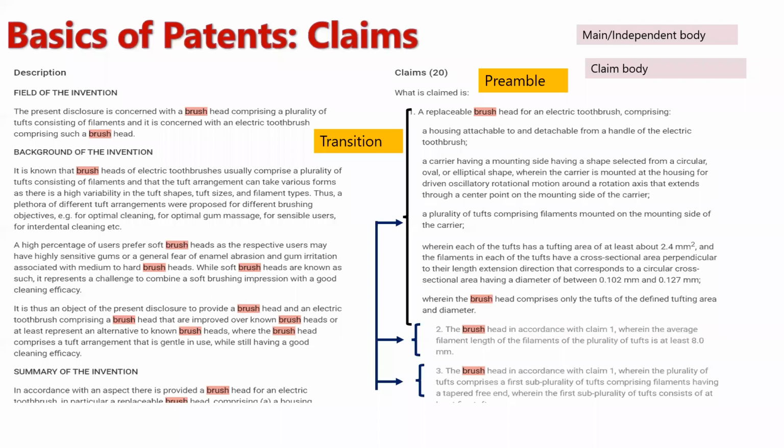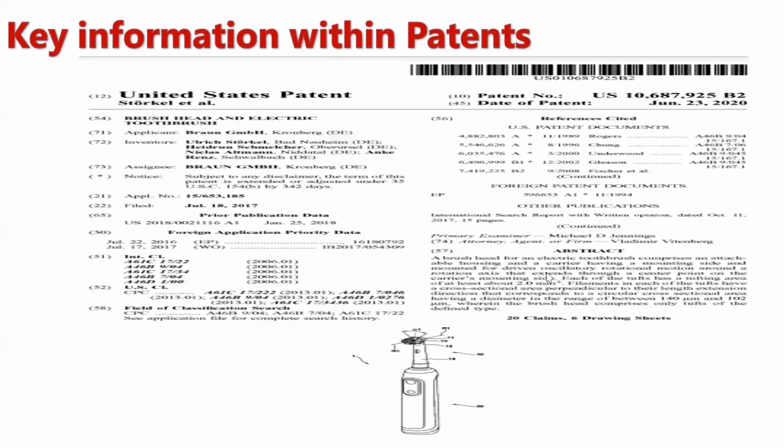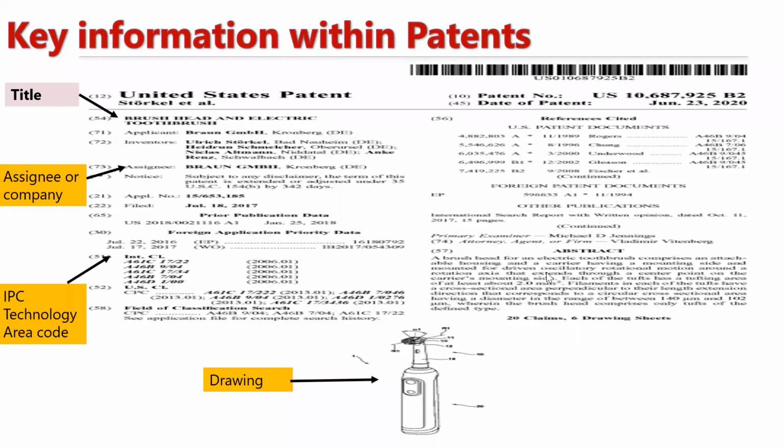Key information: I'm showing one example. What information you will find once you search an existing patent? It will show the title, the assignee or company, and the technology, the IPC technology area code.